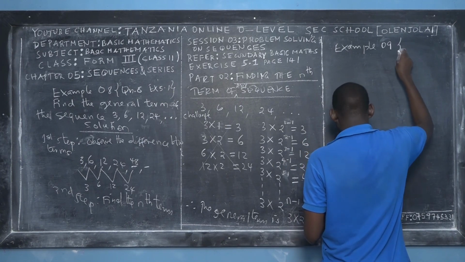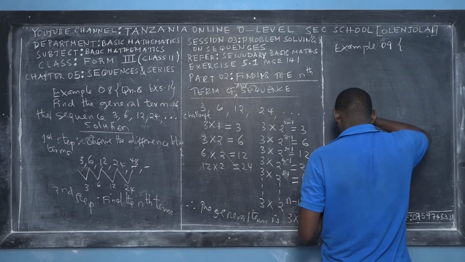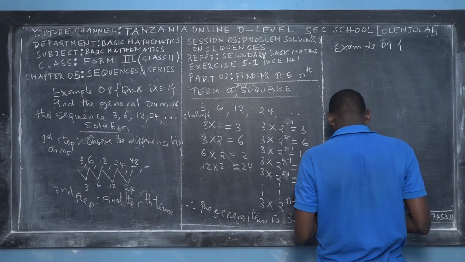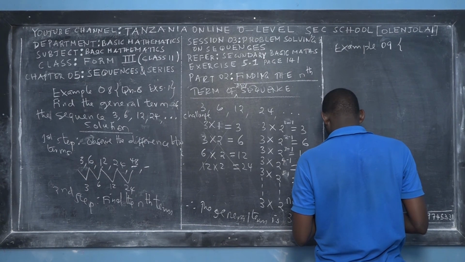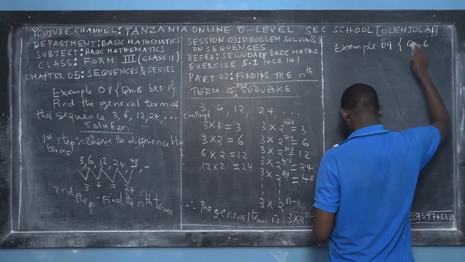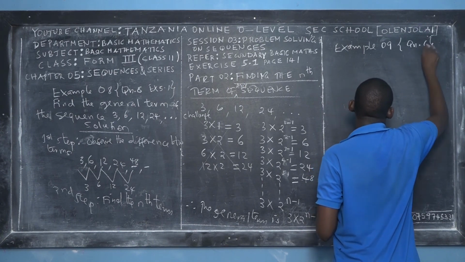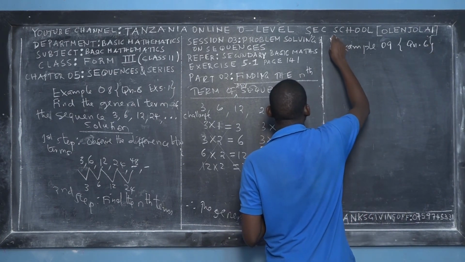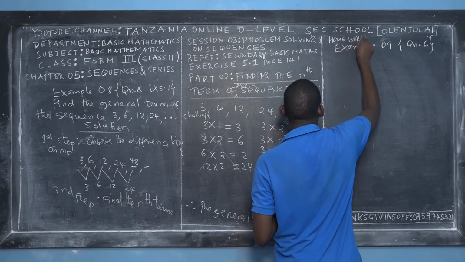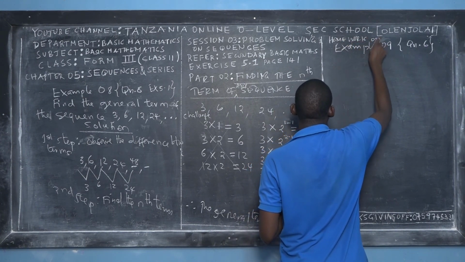And this example 9, I took it from exercise 4.5.1 of Secondary Based Mathematics, Book 3. So I took it as question number 6. If you have the book, you can check question number 6. That's the point where I took it. So this will be homework 3B.